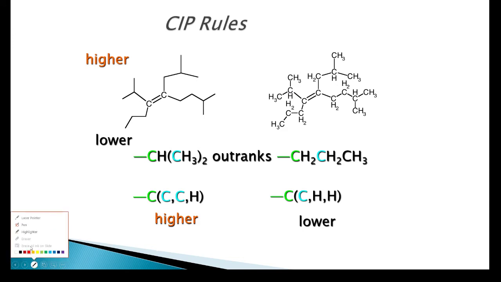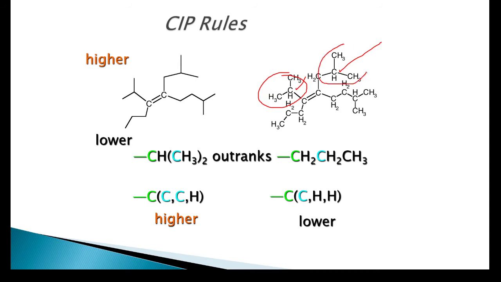So if I'm looking at this, this is the higher side. Why is this the higher side? The first carbon in is bonded to 2 hydrogens. This carbon's bonded to 1 hydrogen and 2 carbons. So that's going to win. Okay, let's go over here. Carbon to 2 hydrogens. Carbon to 2 hydrogens. All right, move to the next. Carbon to 2 hydrogens. Carbon to 1 hydrogen and 2 carbons. Boom.